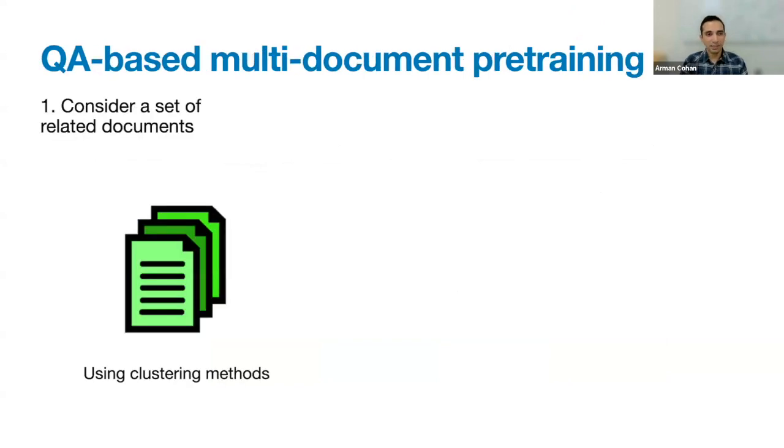So the idea is you start from a set of related documents. If you're familiar with how pre-training is done, people usually shuffle all the documents in the pre-training corpus, and then they pass multiple documents in the input. So our first hypothesis was, instead of that, use related documents in the context.